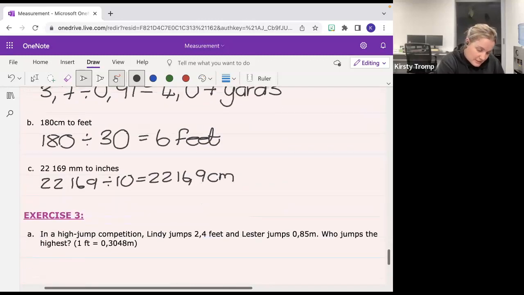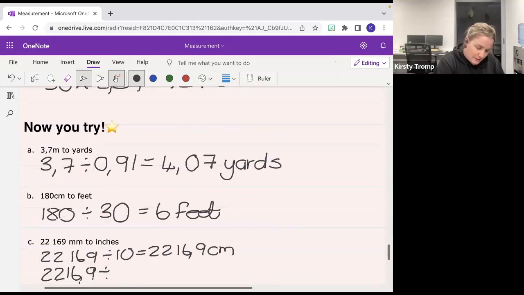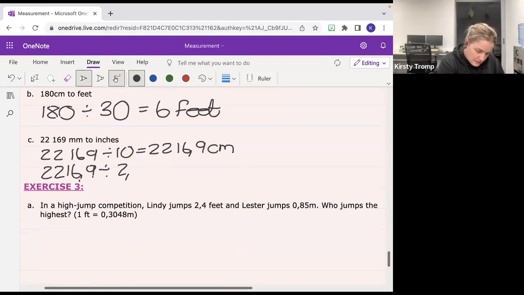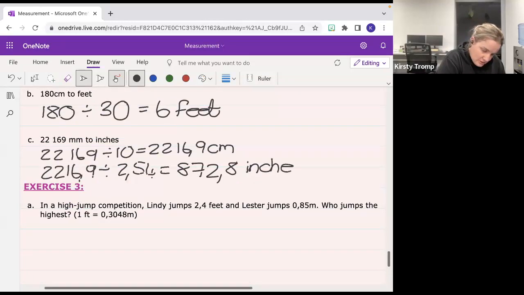So on my calculator, 2,216.9 divided by 2.54 equals 872.8 inches. All right.